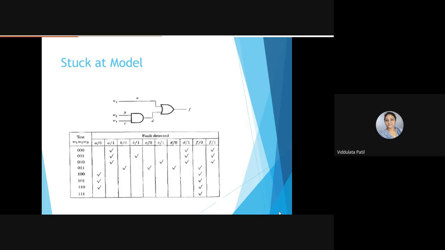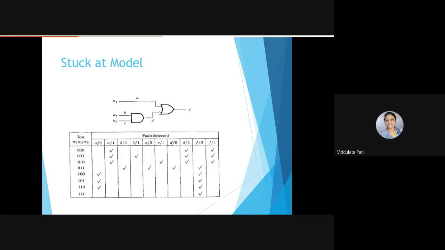Here we have taken a 3-input combinational logic circuit, which is a combination of an OR gate and an AND gate. We apply W1 to one of the input terminals of the OR gate, and W2 and W3 are connected as inputs to the AND gate.